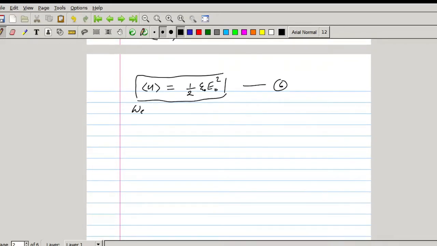We have the expression for the Poynting vector.